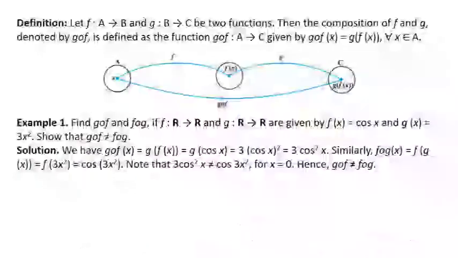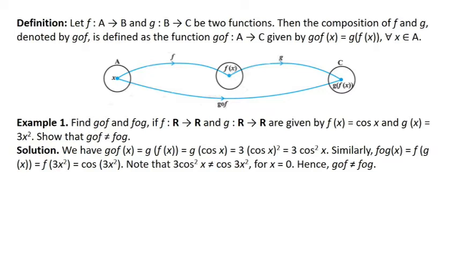If f maps A to B and g maps B to C are two functions, then the composition of f and g, denoted by gof, is defined as the function gof from A to C given by gof of x is equal to g of f of x for all x belongs to A. This can be understood with the help of this given diagram.